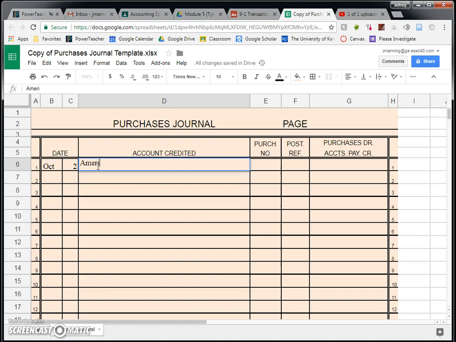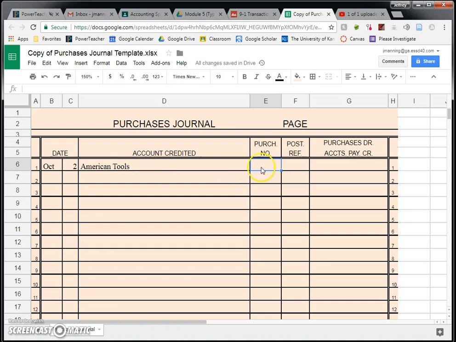So I'm going to put American Tools right here. You could, if you wanted to, put accounts payable, American Tools, because that is going to be the account that this will eventually go into. But all of these transactions are going to be accounts payable, so it would just be a little bit of a waste of time to do that. So I would just simply use the name of the company.